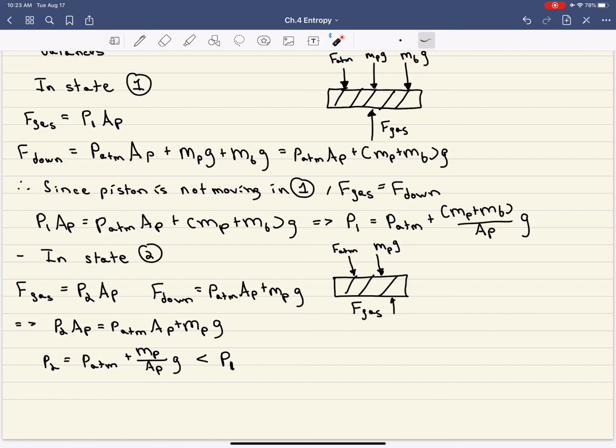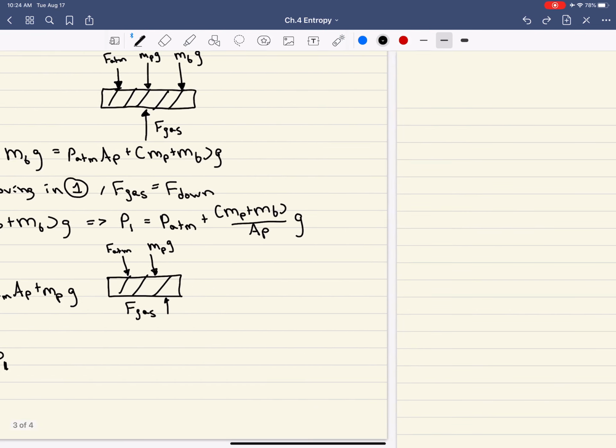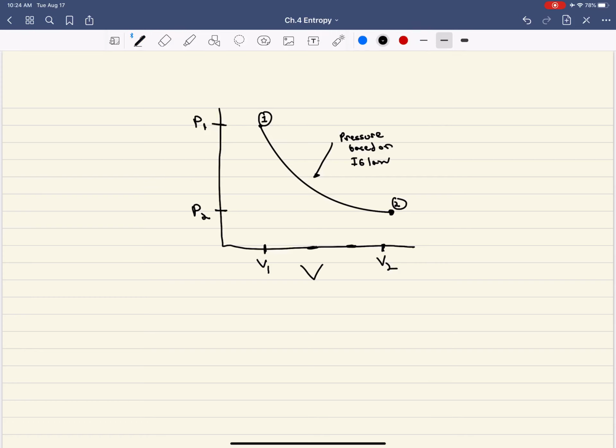initially all we're doing at the beginning is just looking at the changes in the pressure while volume stays the same, okay? And we can visualize this step by revisiting that pressure versus volume graph that we looked at the beginning.